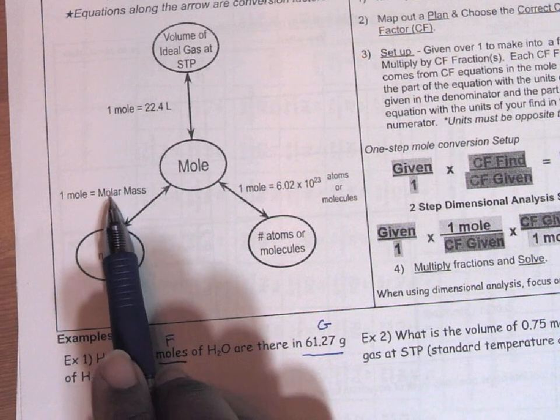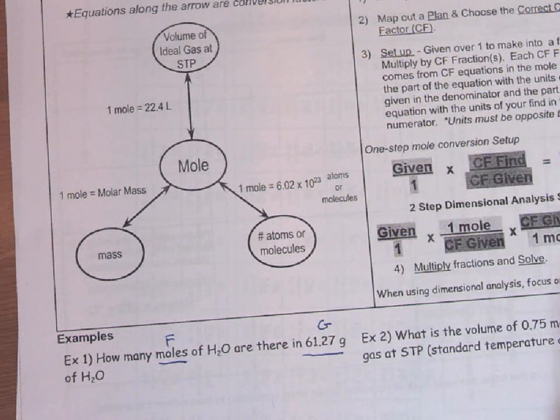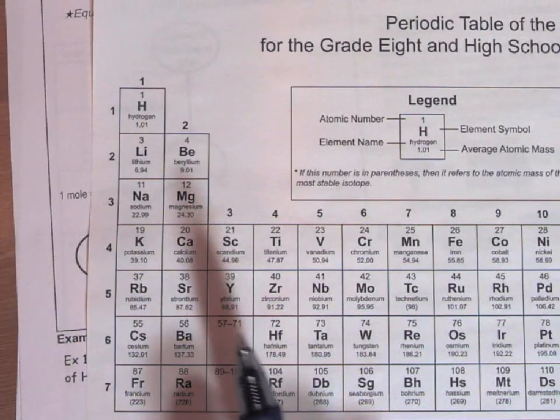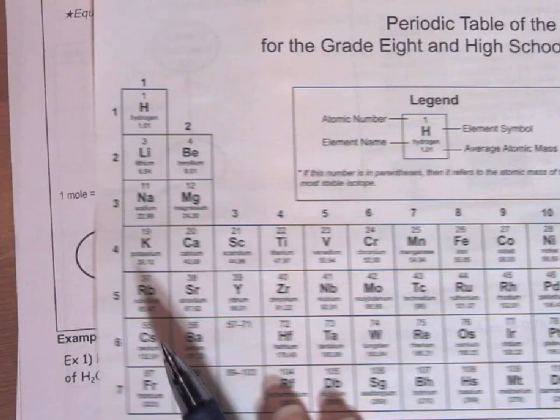Now the molar mass you actually have to calculate from the periodic table before you can go any further. We're using the average atomic masses in the periodic table.